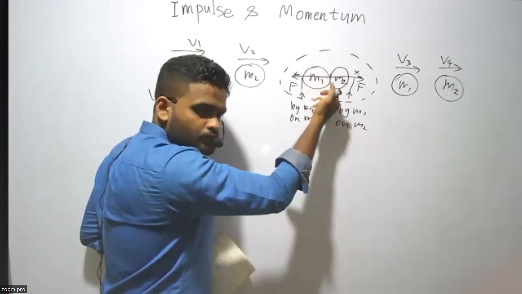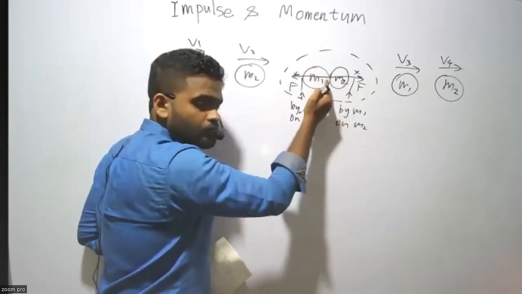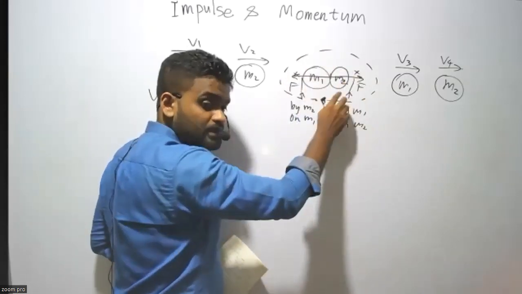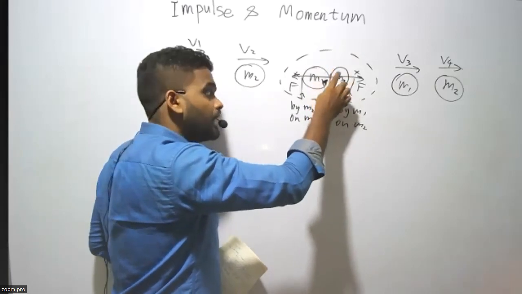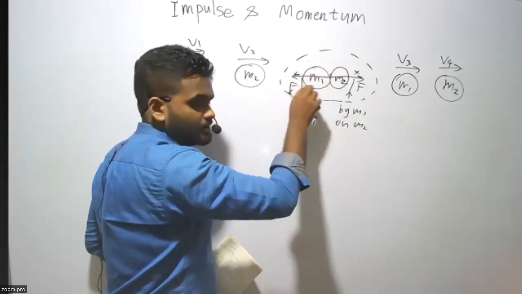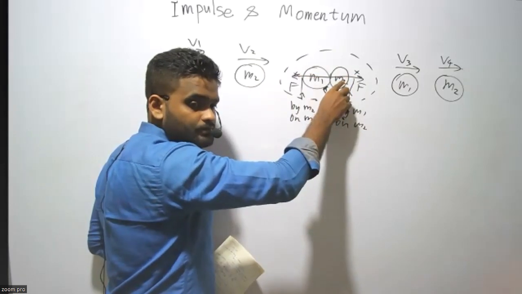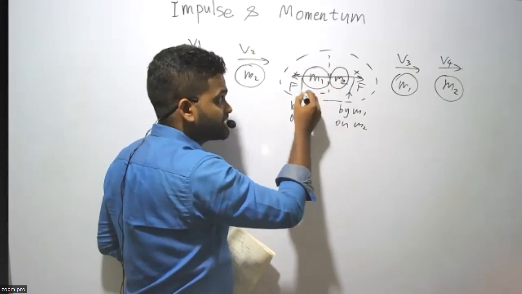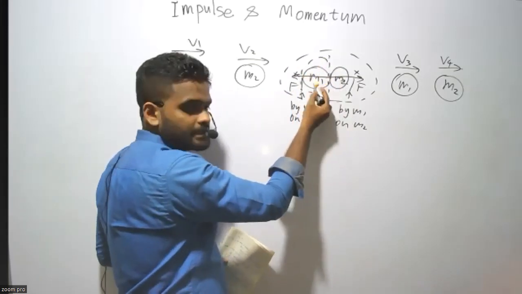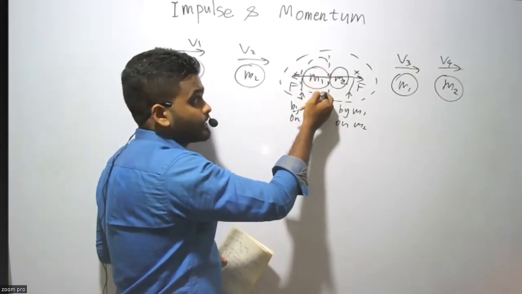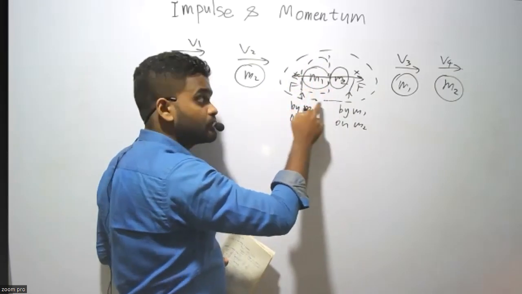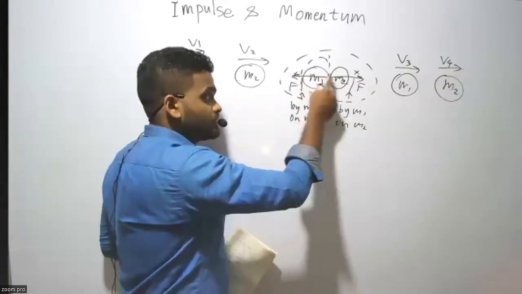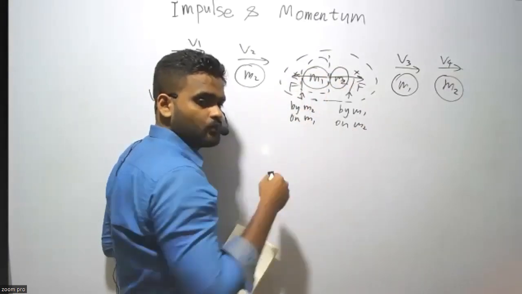So there's no force acting on the system due to the collision. The force applied on the system, when you consider both, is zero because these forces cancel off. But if you consider one object, then there's a force acting on that object. But here I'm applying the equation to the whole system, for both m1 and m2. So this force and this force cancel off.